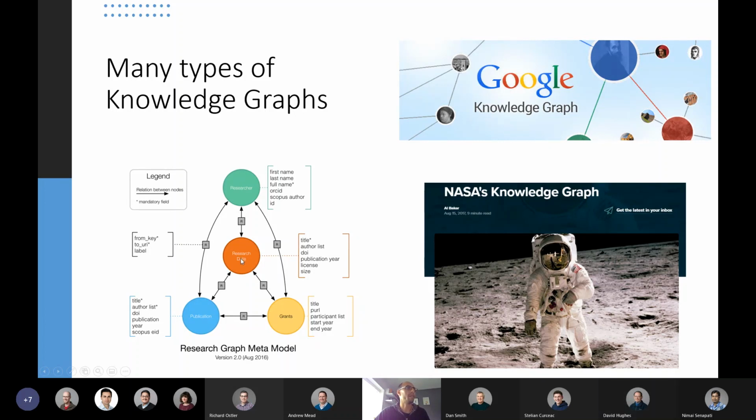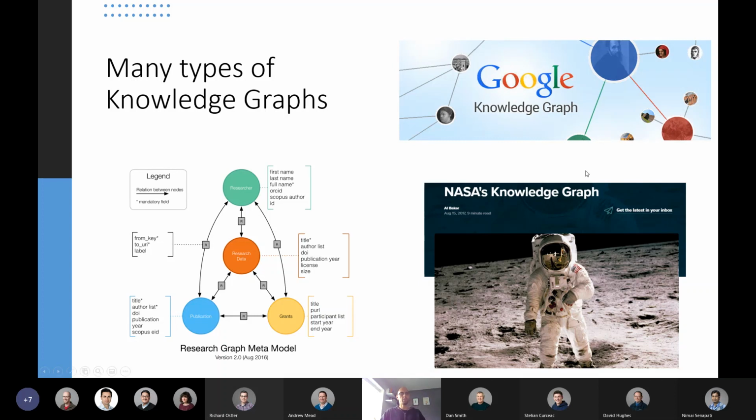At the center, there is a node of type research data, and this is connected to nodes of type researcher, publication, and grants, and they have relationships between them with different properties and so on. This is a helpful knowledge graph to help us share knowledge and publications more efficiently, and enable better collaboration between researchers.